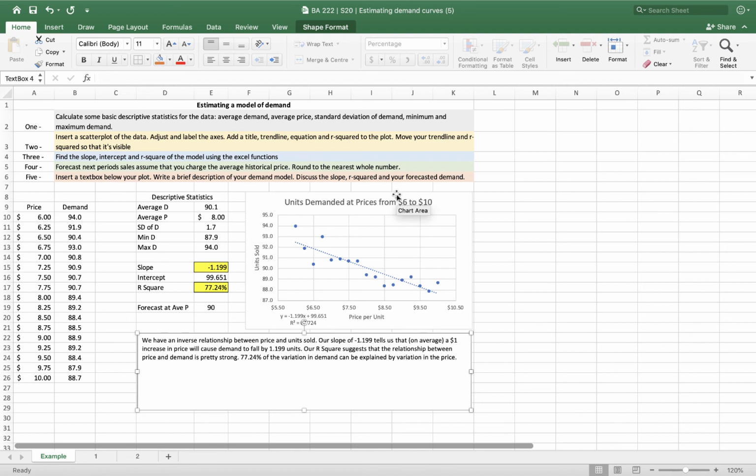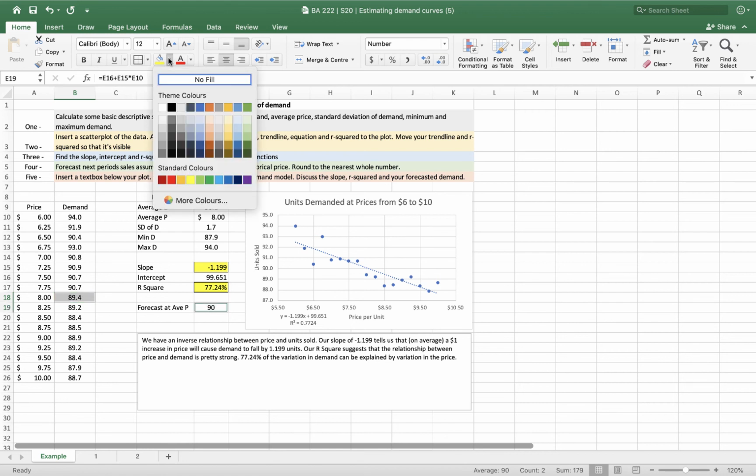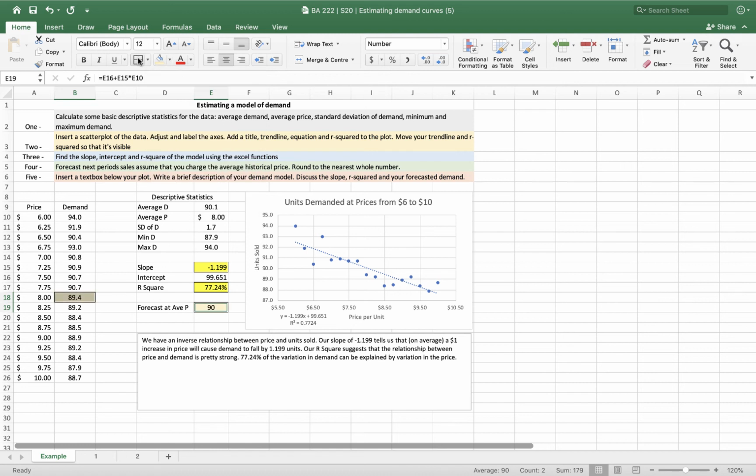And then the other thing that we want to talk about is our forecasted demand, because we're forecasting 90, and that number differs than the actual amount observed. And so let's just explain really quickly why that might be.